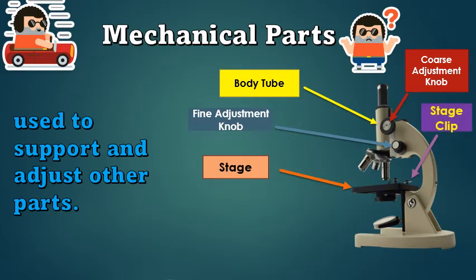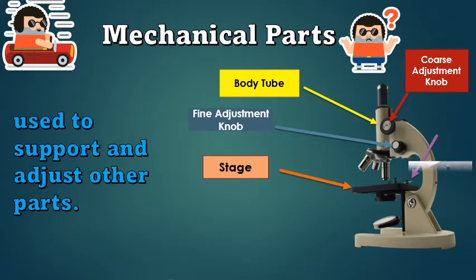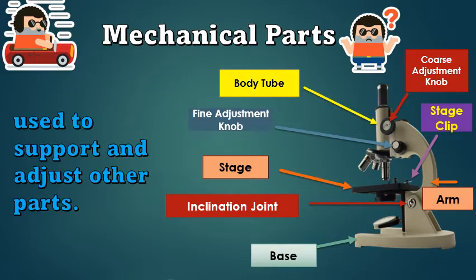We have the stage clip, this one that is being pointed by a red arrow. Then we have the inclination joint, the base, and lastly we have the arm. The following are the parts of the mechanical part of our microscope.